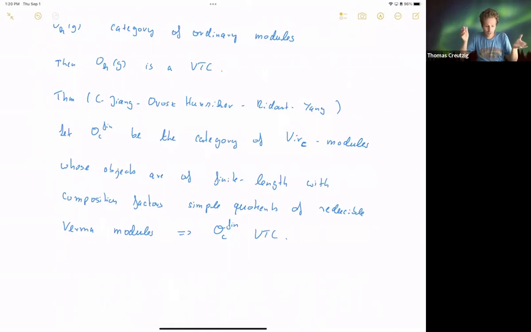So it turns out the generic Verma module, that means the generic highest weight module of the Virasoro algebra, is already simple. And you only have a tiny set of modules that are reducible. And these are exactly those that you get from quantum Hamiltonian reduction of reducible Verma modules of SL2 against a twisted character.